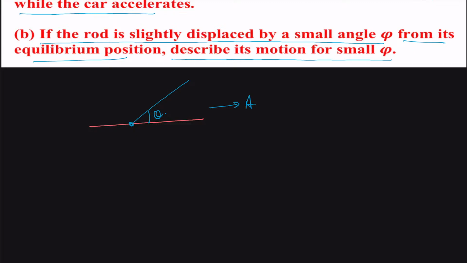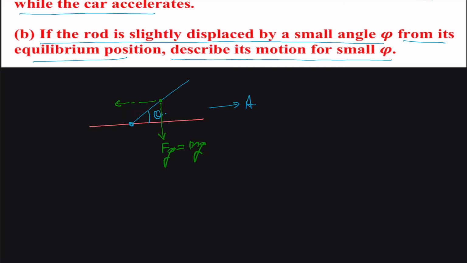Therefore, there will be a pseudo force acting on the rod, and suppose this is the center of mass. So here we are going to have our Fg, which will be nothing but mg in the downward direction, and we are going to have this pseudo force.